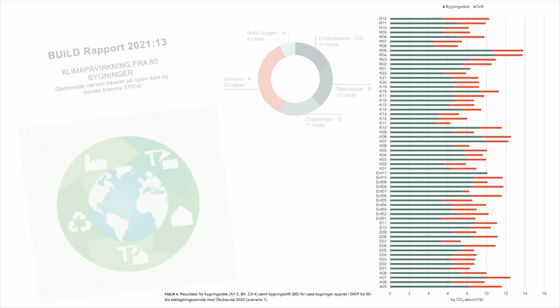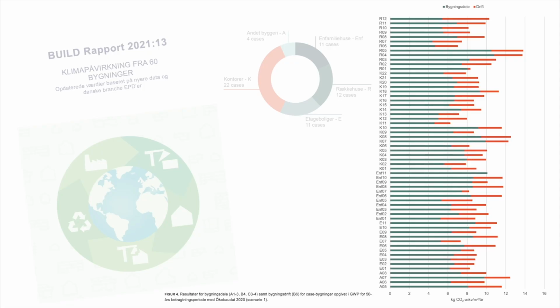And my takeaway from these graphics is that it's very difficult to set a certain percentage of CO2 from operations. On some projects, you have almost zero energy and CO2 from operations, but then you probably have a high CO2 footprint from materials.